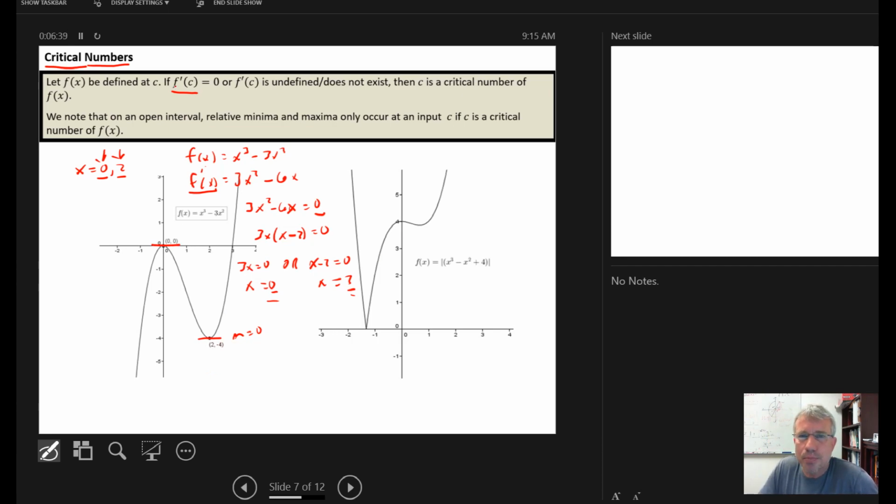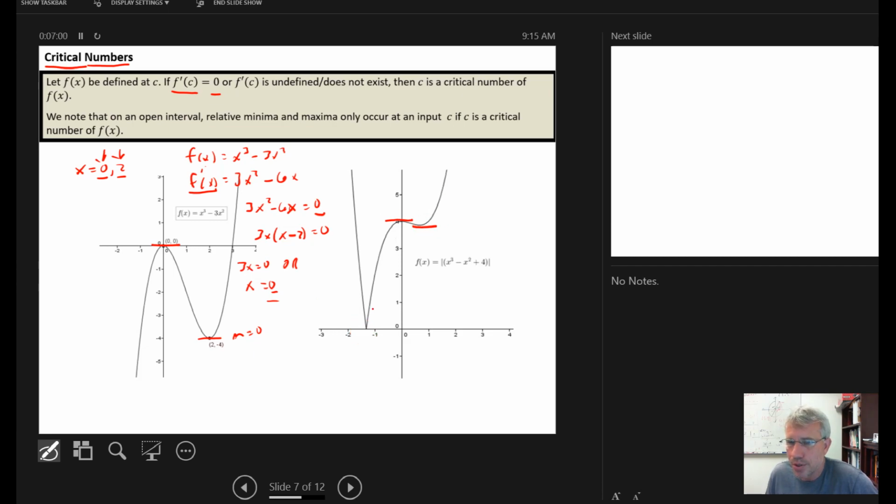So critical numbers are places where the derivative is equal to 0. When I look at the other picture, I have a local minimum here, a local maximum here, and a local minimum here. And again, the tangent line slope is 0 here and here. So I could find those by setting the derivative equal to 0.